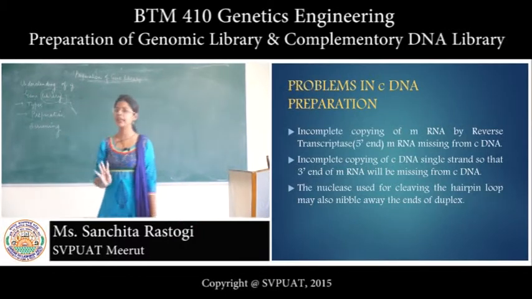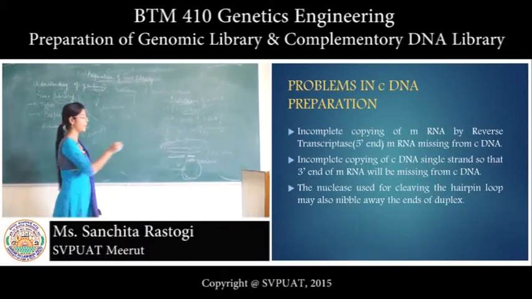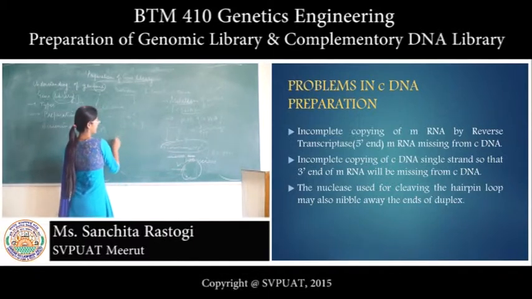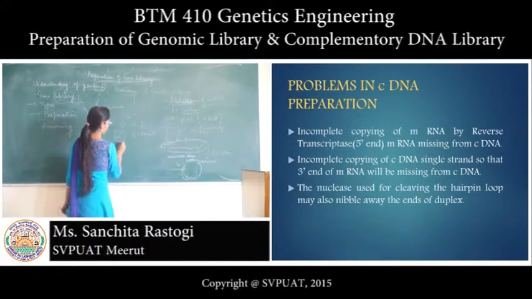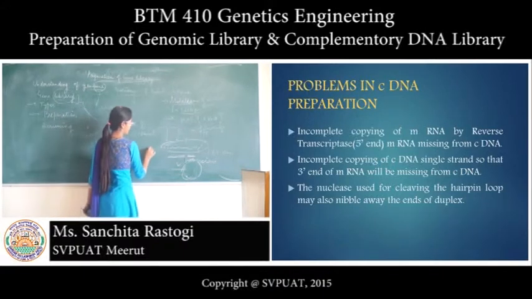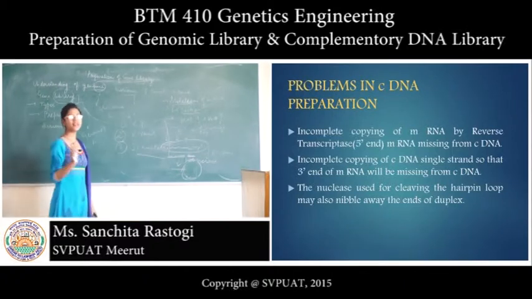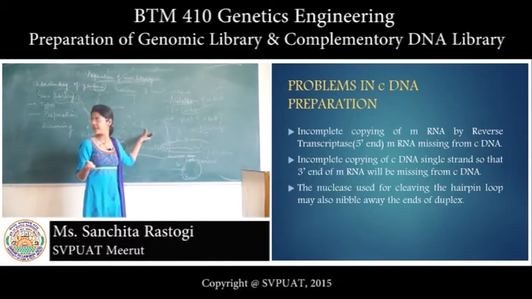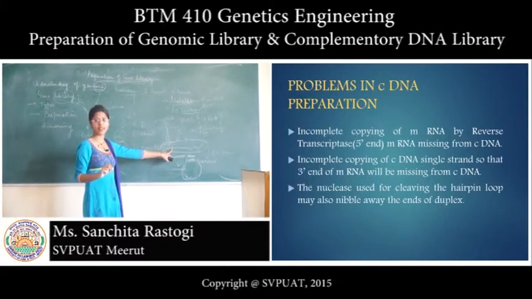Why is it so? It is so because of the enzymes being used in cDNA library preparation, that is reverse transcriptase enzyme, next RNase, and S1 nuclease. There may occur problems in the specificity of these enzymes. Reverse transcriptase enzyme may sometimes fail to copy the complete mRNA into complete cDNA.